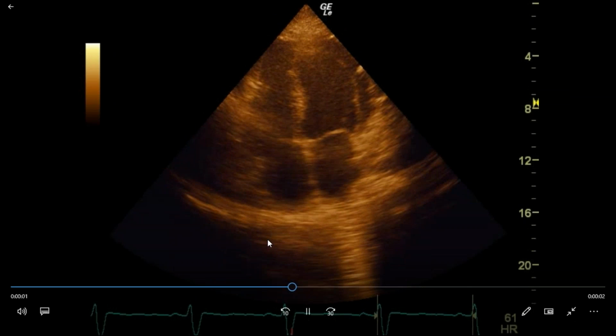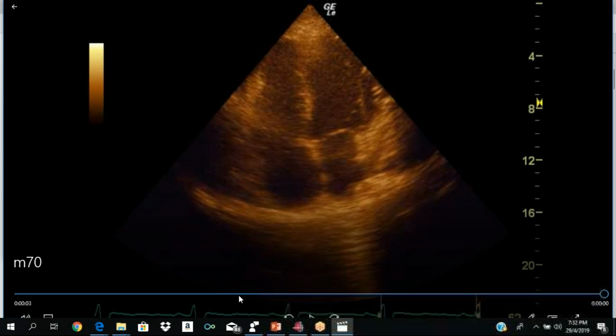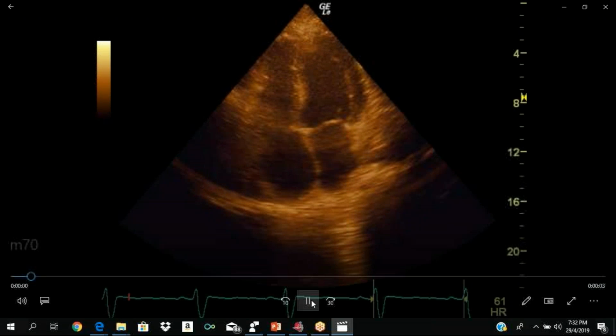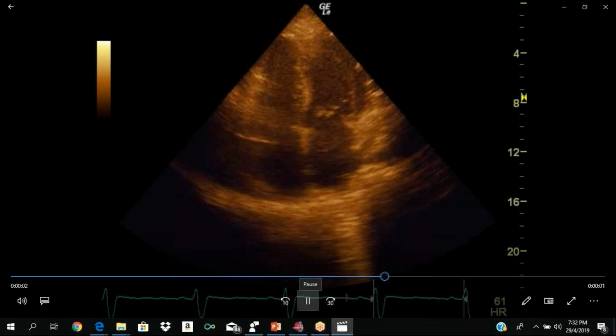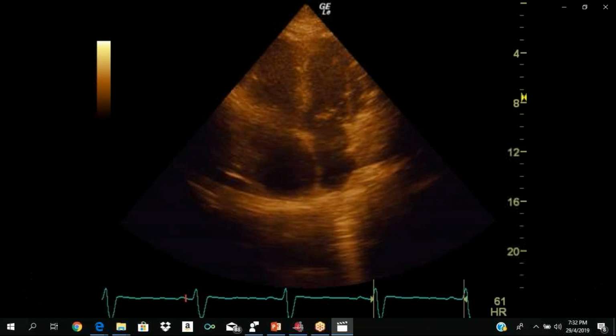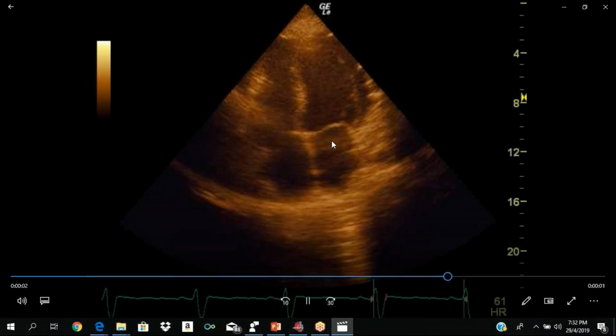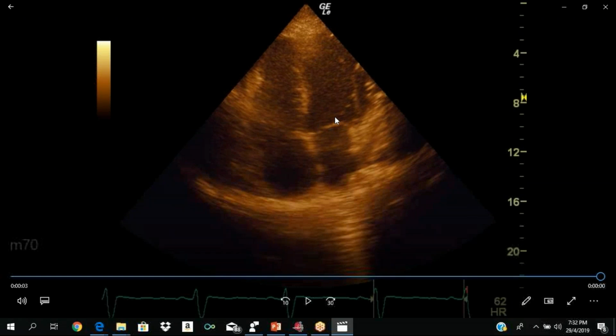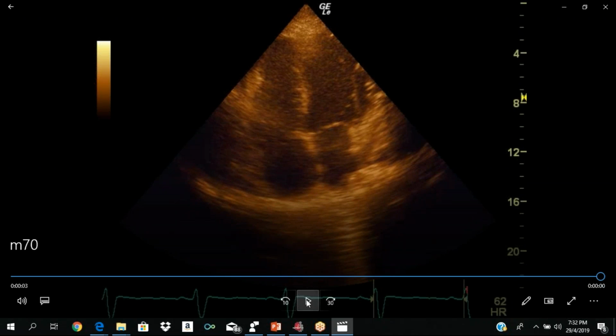All right, so this is your apical four chamber view. So just looking at it, you can see it's not contracting as vigorously as the one we saw before. So if we were to get the ejection fraction, we trace the endocardial border in diastole, and then in systole we do the same thing. The ejection fraction is going to be reduced.